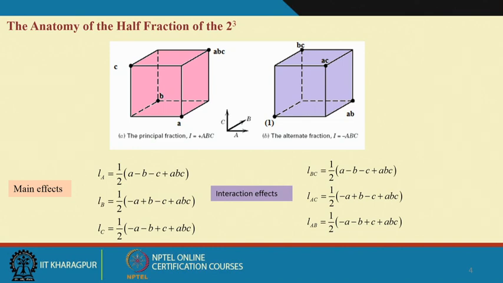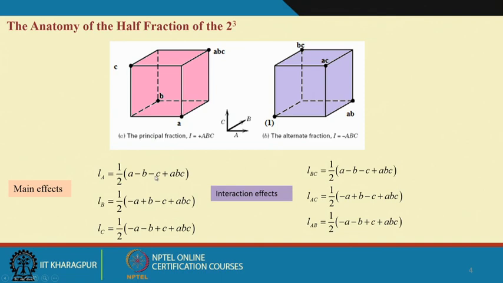Now, we all know what the effect is. Effect is the contrast by 2 to the power k minus 1, here n is 1. Because of the fraction, you are doing 2 to the power 3 minus 1, which means a 2 to the power 2 design, so 2 to the power 2 minus 1 again, that means 1 by 2.